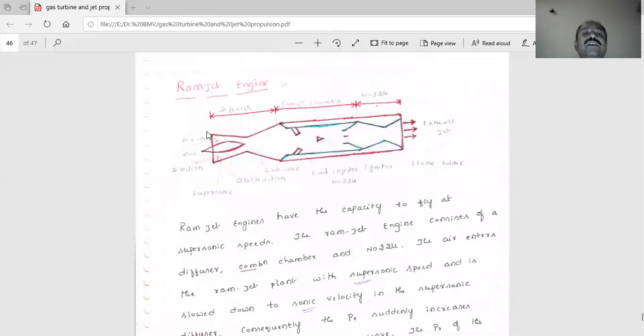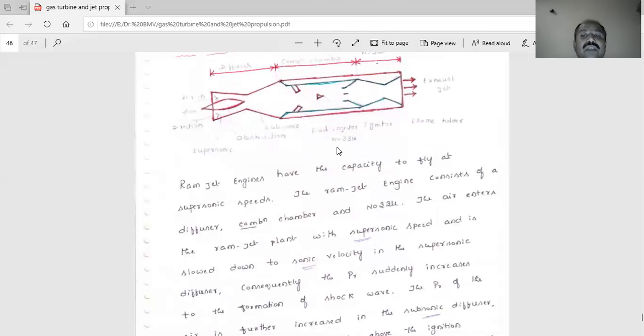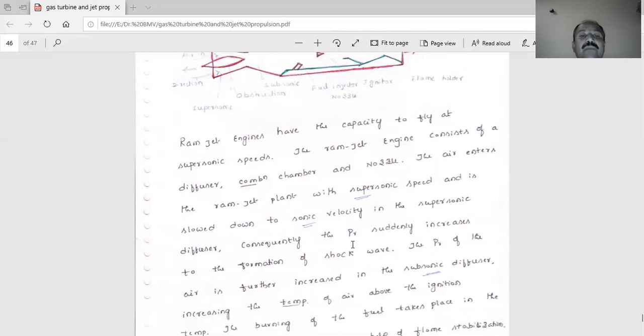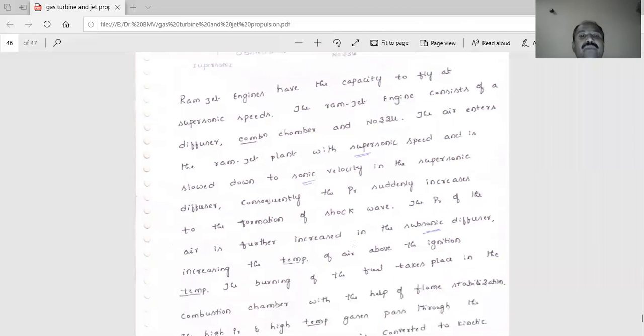The ramjet engine consists of a diffuser, combustion chamber and nozzle. The air enters the ramjet plant at supersonic speed through the diffuser, where the supersonic speed is reduced and the air is converted into subsonic, increasing the pressure of the air.